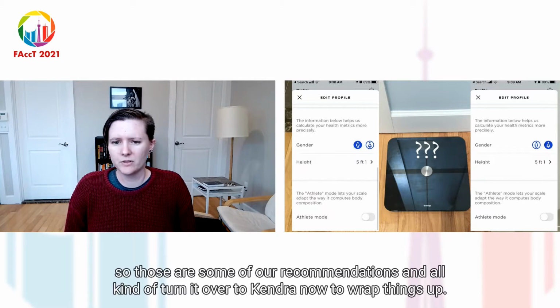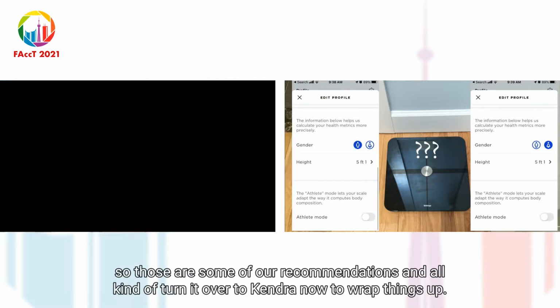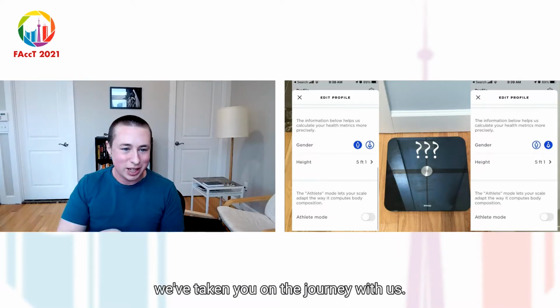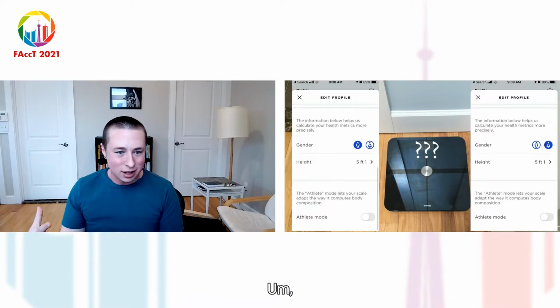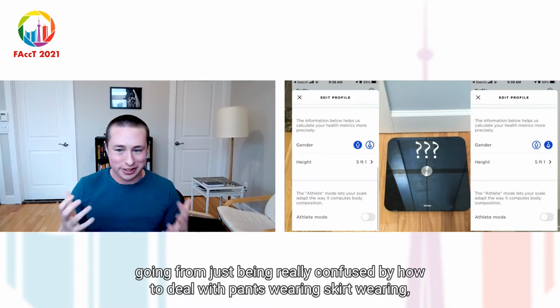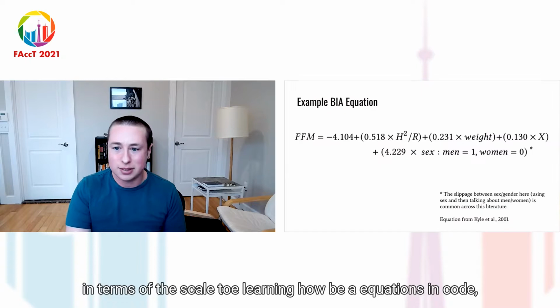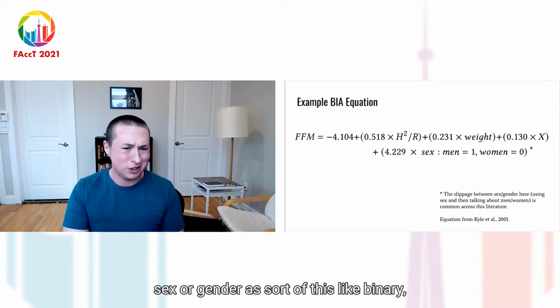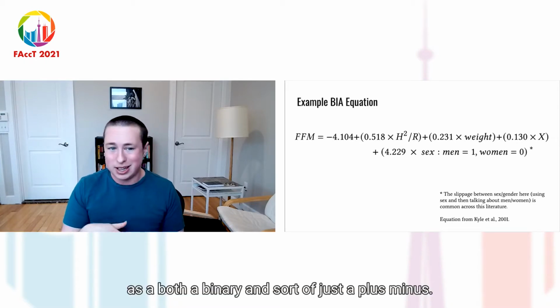Okay, so those are some of our recommendations, and I'll turn it over to Kendra now to wrap things up. So over the course of this presentation, we've taken you on the journey with us, going from just being really confused by how to deal with pants wearing to skirt wearing in terms of the scale, to learning how BIA equations encode sex or gender as both a binary and just a plus minus.